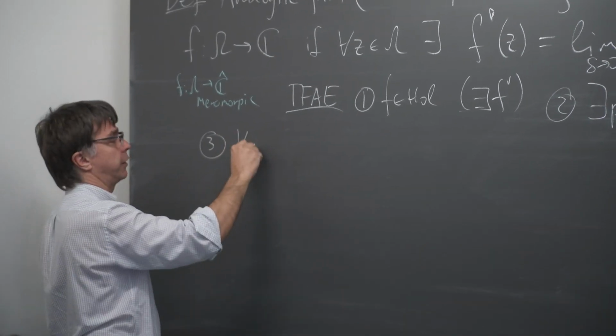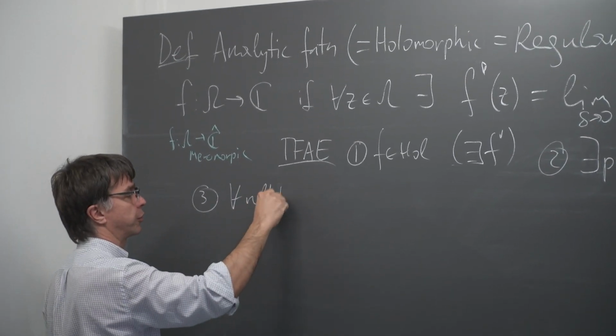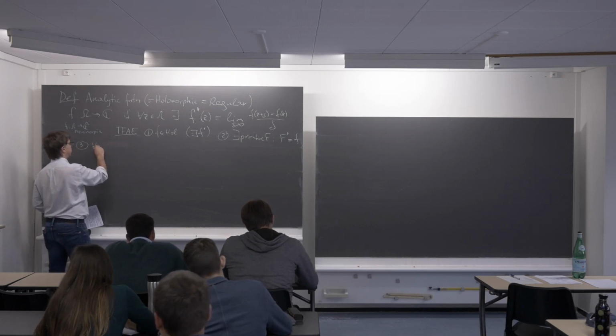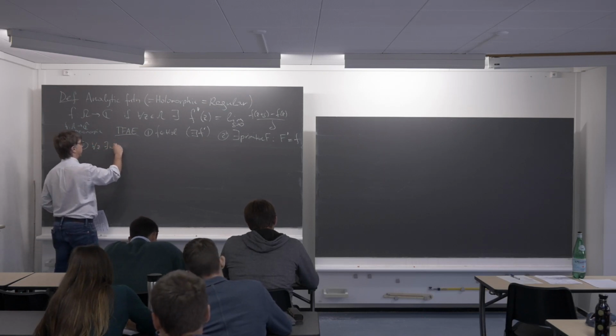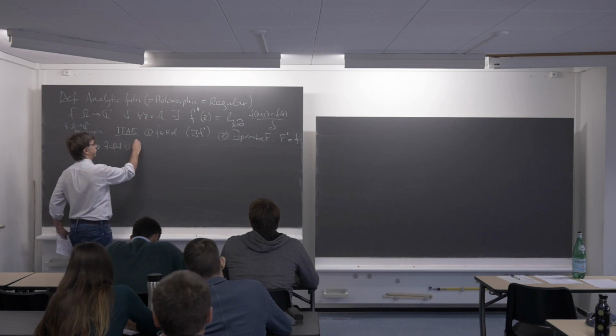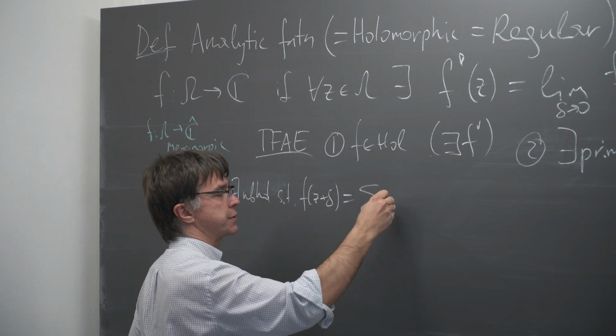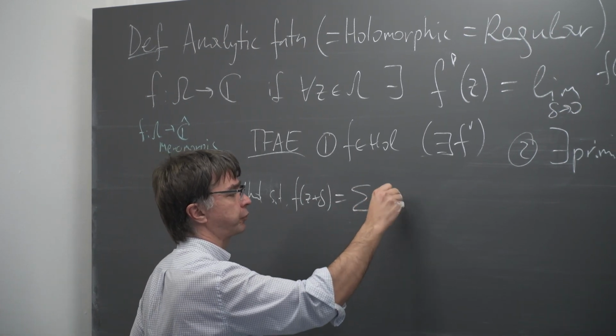So for every z, there is a neighborhood such that f of z plus delta can be written as a power series expansion.